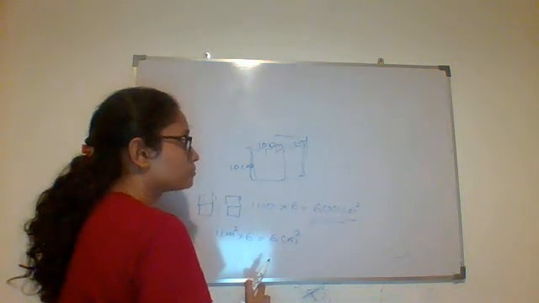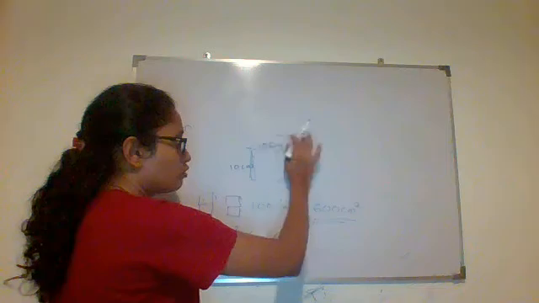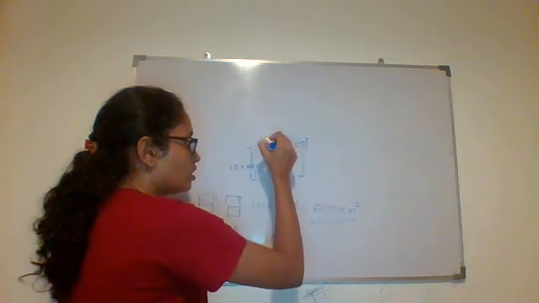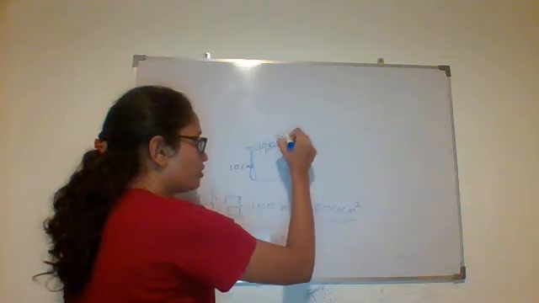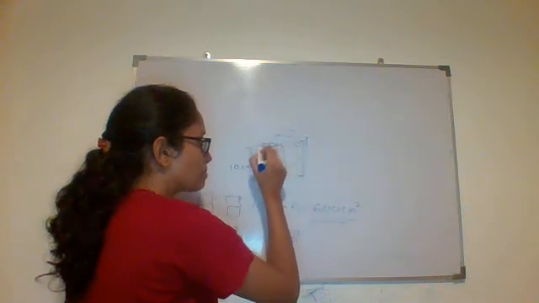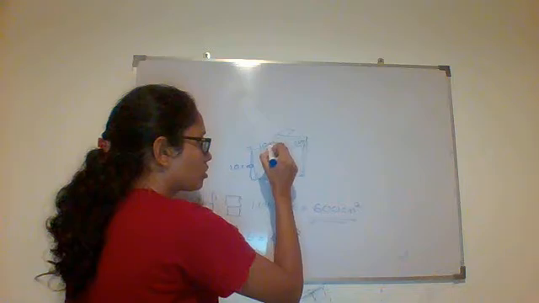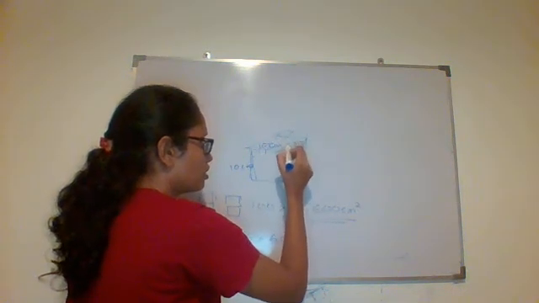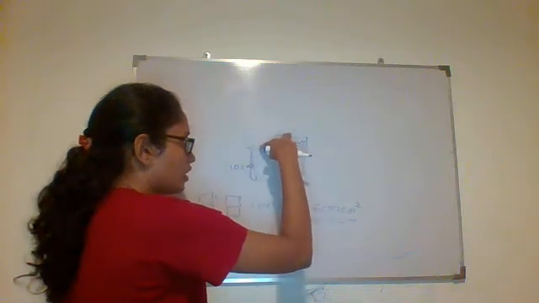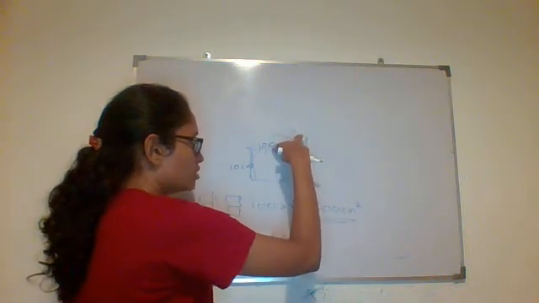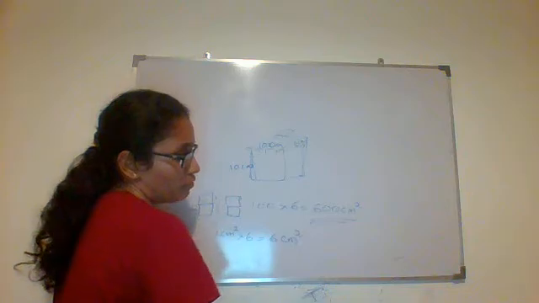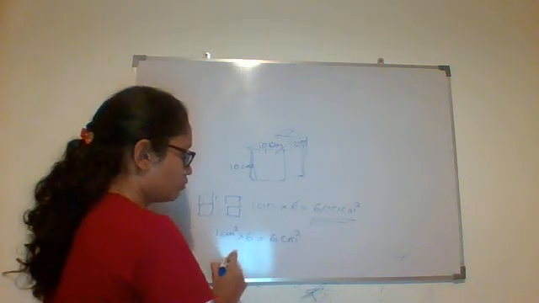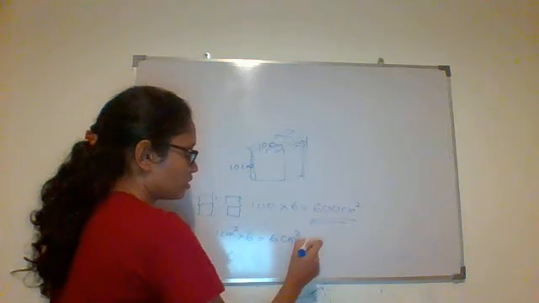On this face, it will be 1, 2, 3, 4, 5, 6, 7, 8, 9, 10, and so on, 5, 10, 15, 20, 25, right? So 25 cubes.